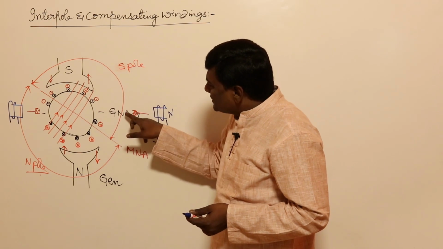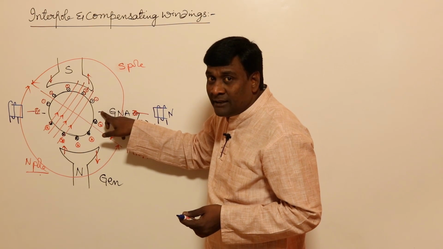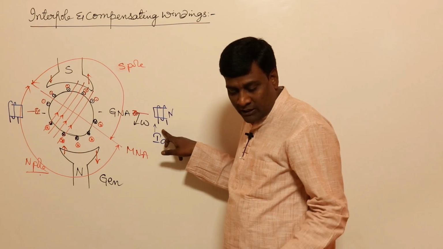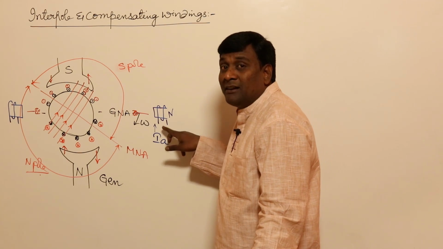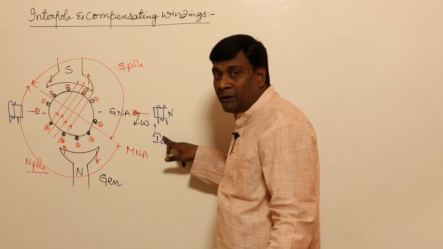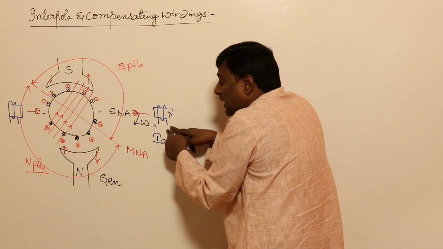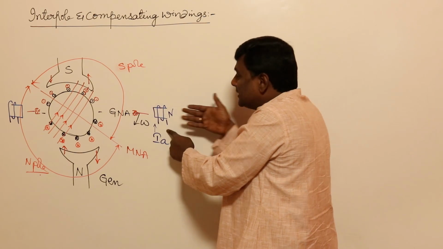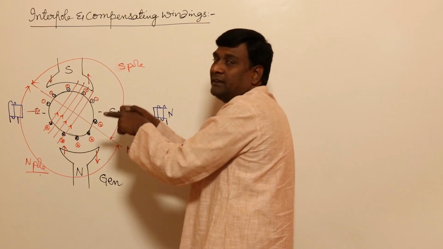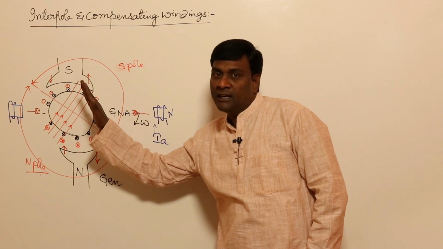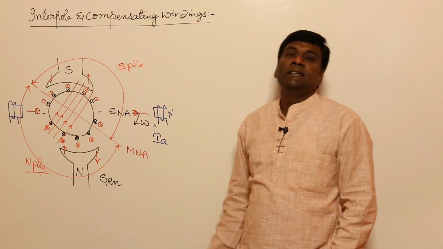Now if I can design this interpole in such a way that the pole strength of this S pole is decided at GNA, and the same armature current flows here, and I design the number of turns per pole on the interpole, then because of the armature current the shift is happening, and because of the same armature current this compensation is happening, such that this N pole can exactly compensate it, and this shifted MNA will come back to GNA.